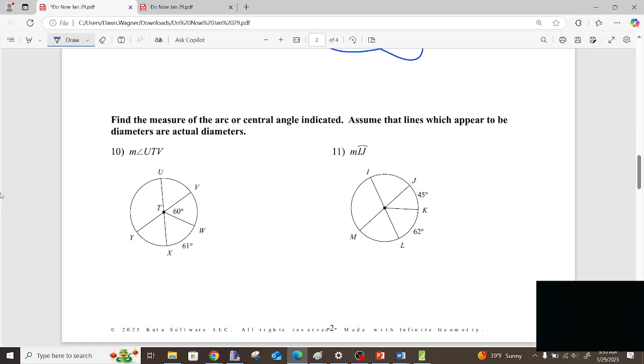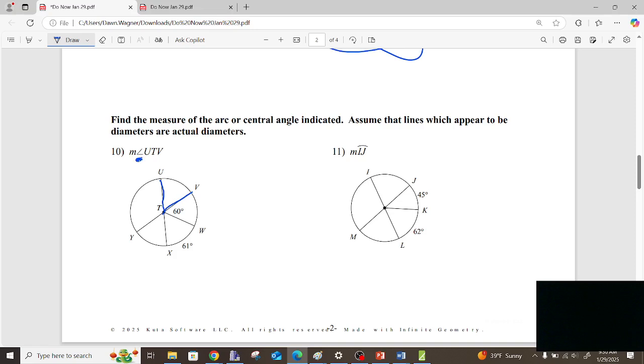Okay, so find the measure of the arc or central angle indicated. Assume that lines appear to be diameters. It's asking for angle UTV, right?